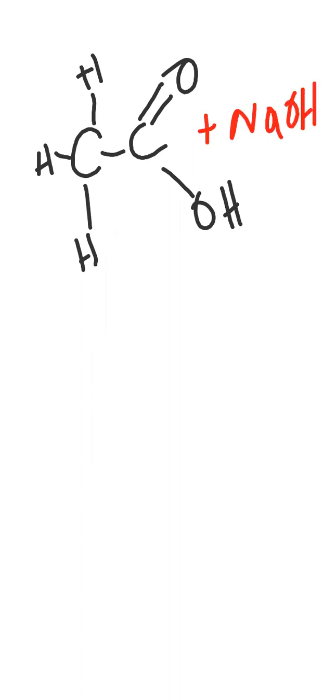The reaction will be a little tricky. NaOH: Na positive, OH negative. What will happen? Let me circle with the green color. This is Na positive. Let me make it easier for you. Let's focus on OH negative. What do we have to do? A neutralization reaction. What is the product of a neutralization reaction?